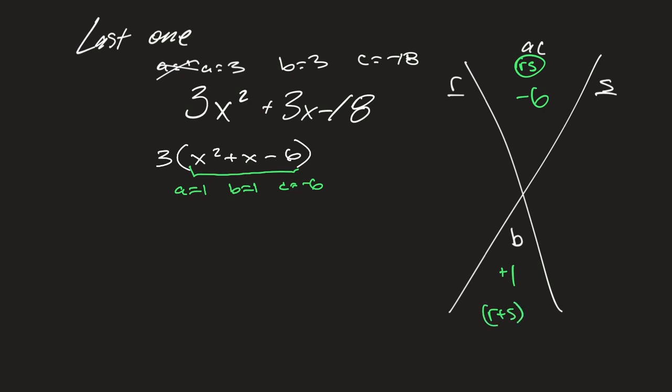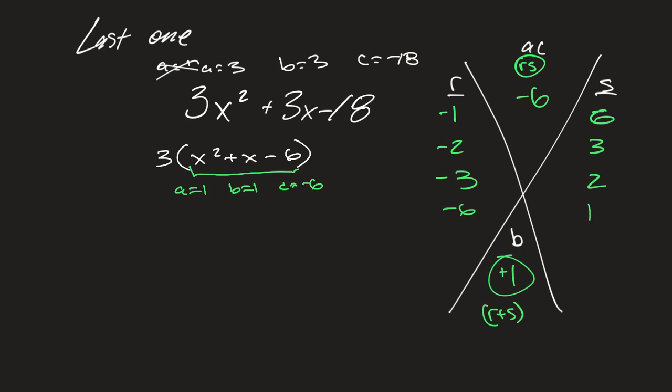So if the sum is positive, that means whatever the factor is that's positive, the absolute value of that factor has to be larger than the absolute value of the negative factor. So the factors of negative 6 are 1 and negative 6, negative 1 and positive 6, negative 2 and positive 3, and then negative 3 and positive 2, and then negative 6, positive 1.